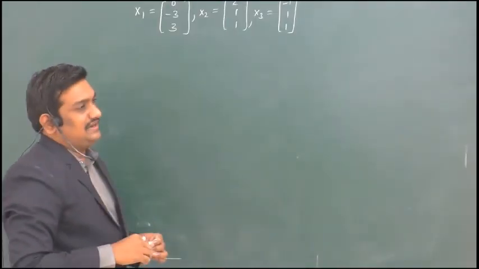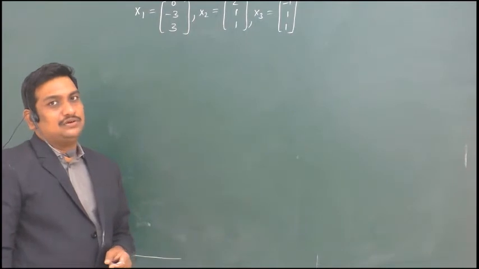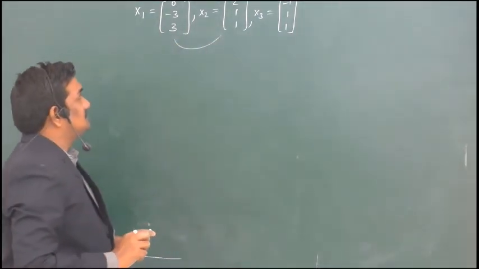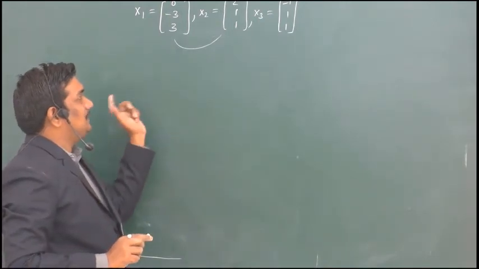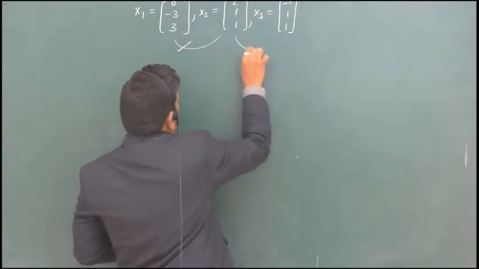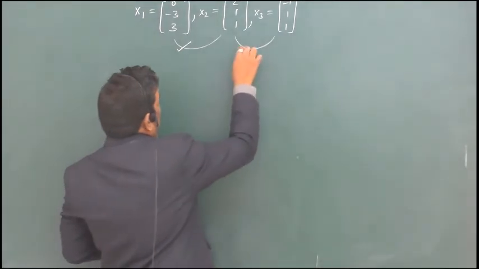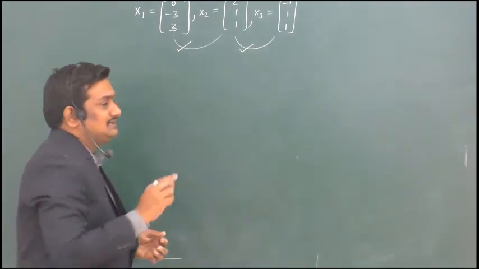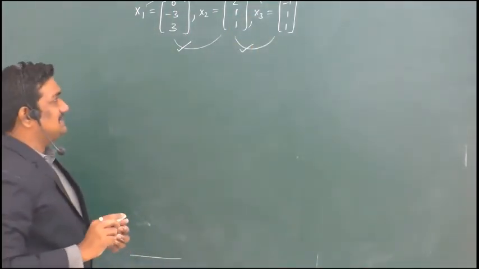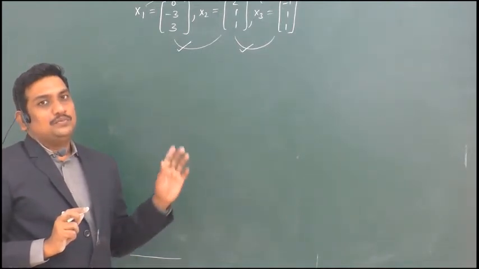The new eigenvectors are x1, x2, x3. Now let us check the orthogonality condition. Okay, 0 into 2, 0, minus 3 into 1, minus 3 plus 3, 0. So x1 and x2 are orthogonal. Now x2 and x3: minus 2 plus 1 plus 1, it is 0. x2 and x3 are orthogonal. Then apply on x1 and x3: it is 0, minus 3 plus 3, it is also 0. Hence all the 3 eigenvectors are mutually orthogonal.